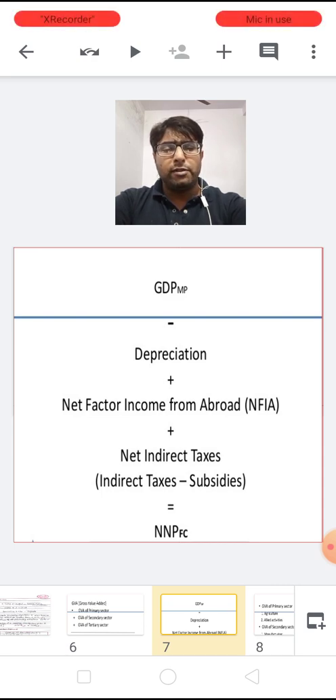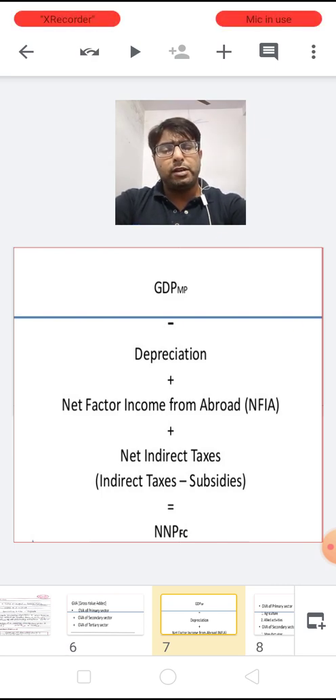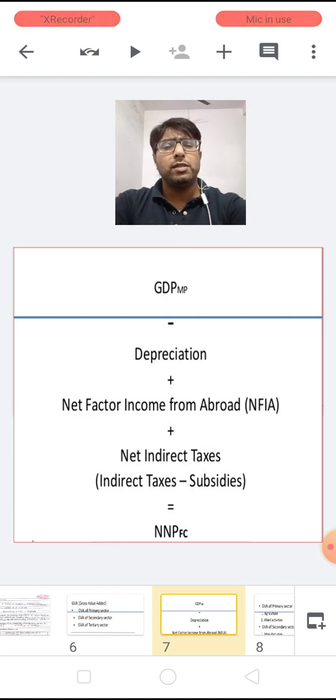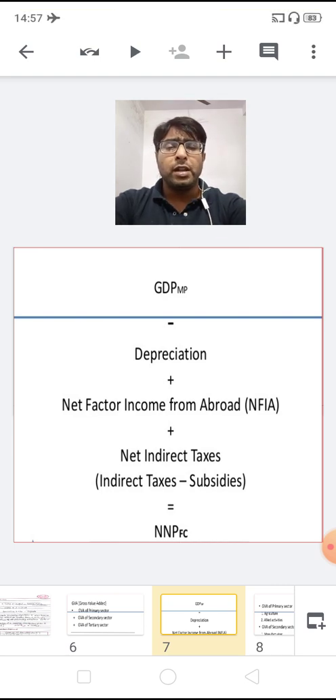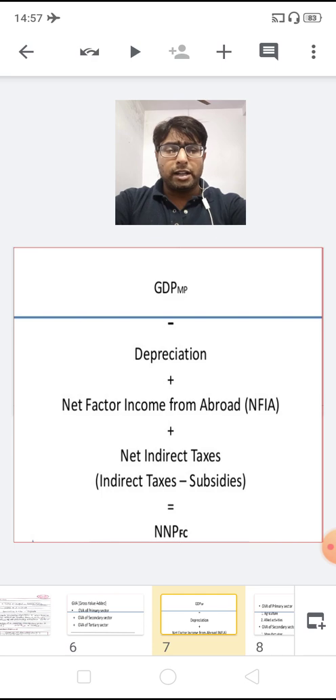From gross to net, if we want to reach, we have to subtract the depreciation. That is not a big thing. From domestic to national, if we want to reach, we have to add the NFIA, because net factor income from abroad has to be added to the domestic income, and then we reach the national income. And from market price to factor cost, if we want to reach, we have to subtract the net indirect taxes.